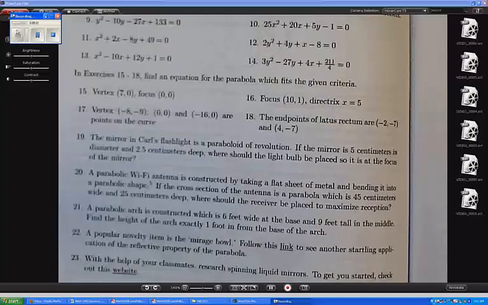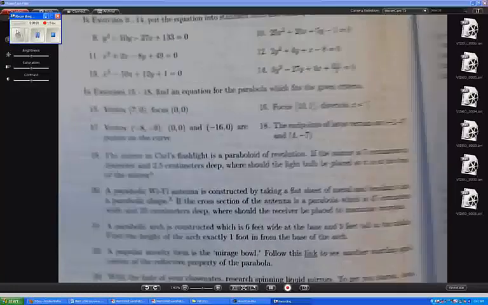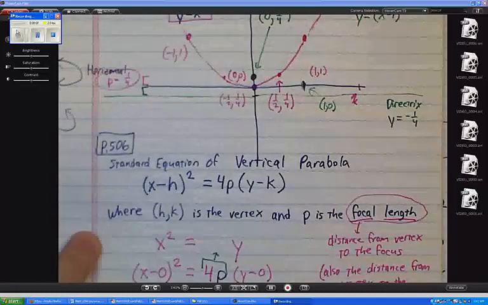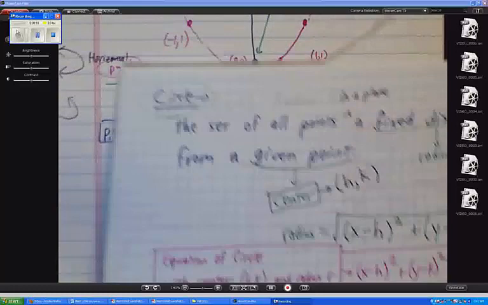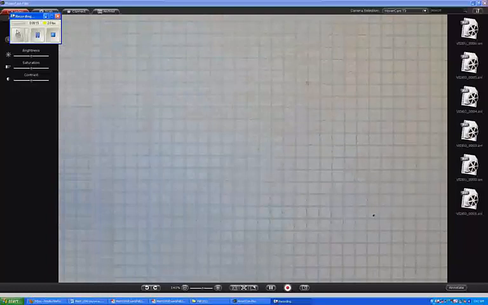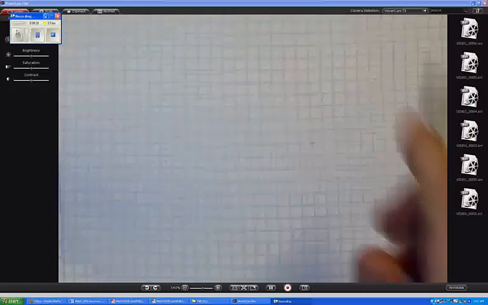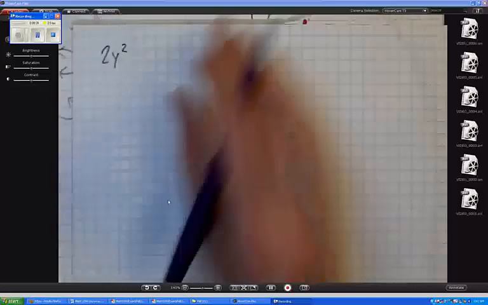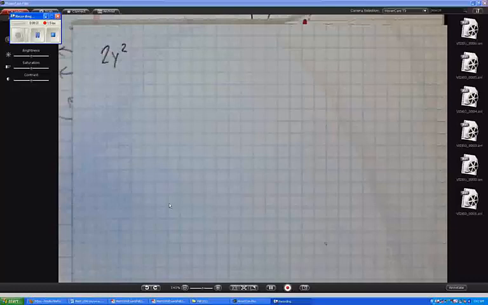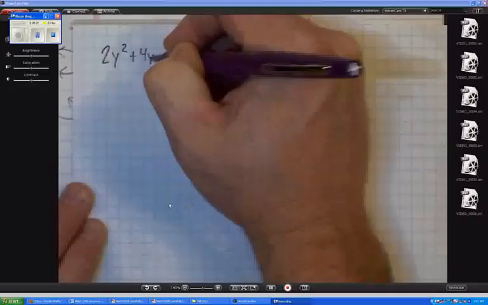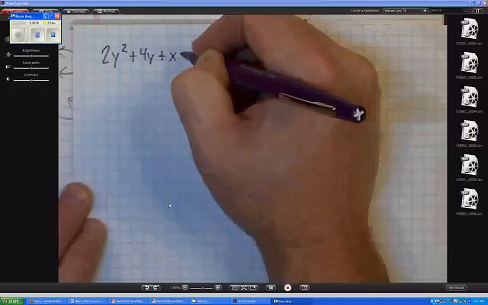Do number 12 here. 2y squared plus 4y plus x minus 8 equals 0. And I'm going to go ahead and use graph paper. Okay. So let's see. 2y squared plus 4y plus x minus 8 equals 0.